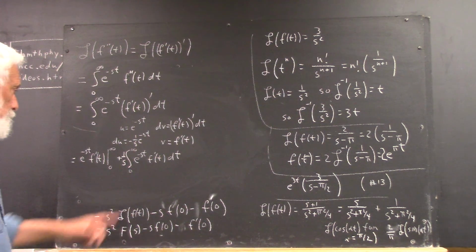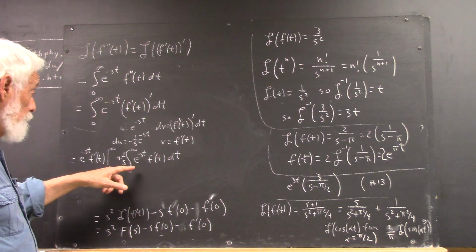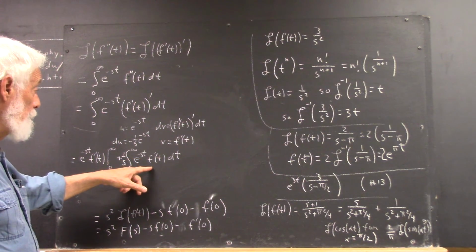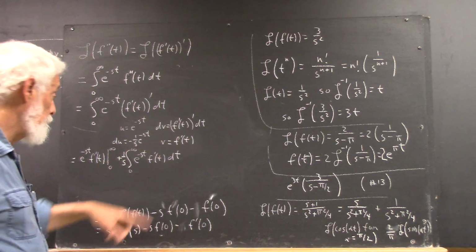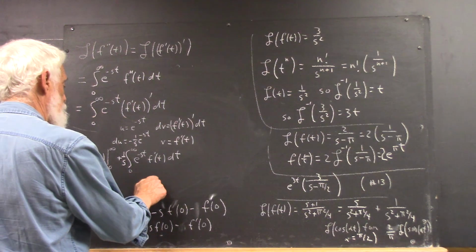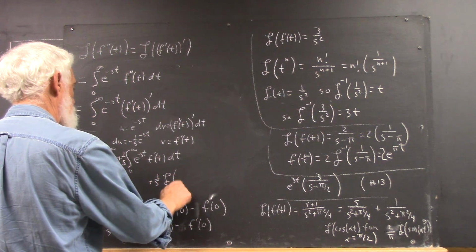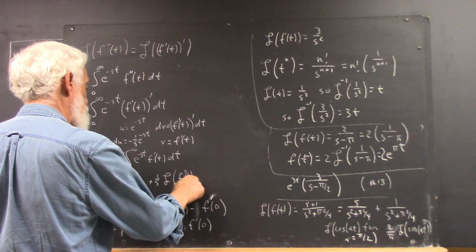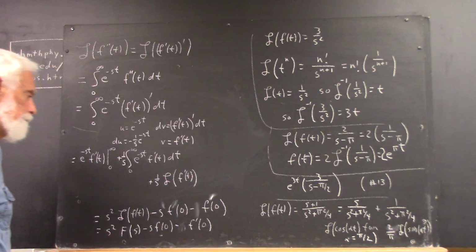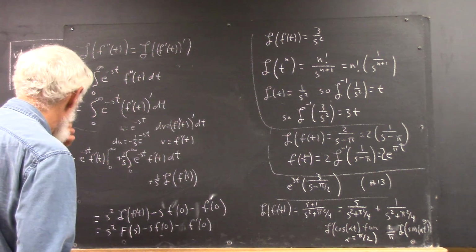Now, if we simply recognize what we have here, the integral of e to the negative st f prime of t dt is just the Laplace transform of f prime of t. So we have here a 1 over s times the Laplace transform of f prime of t. And I think I said a dt there where it didn't belong, but you can check me out on this.